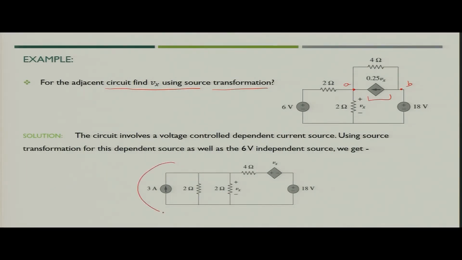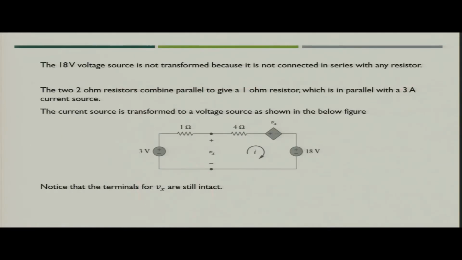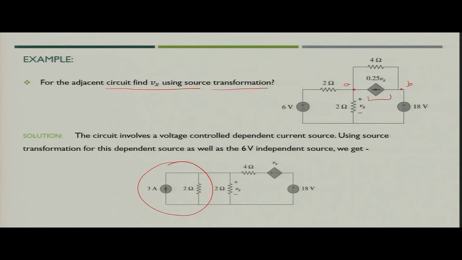Now, if you see this particular segment, this can again be converted into a voltage source. So, what do we get? We get 3 volt in series with 1 ohm, because 3 ampere is in parallel with the resistance. If you club both of them, the voltage will still not change, because the voltage across the 2 ohm will remain the same even if you club both of them. So, you can keep the Vx the same and club both of them.